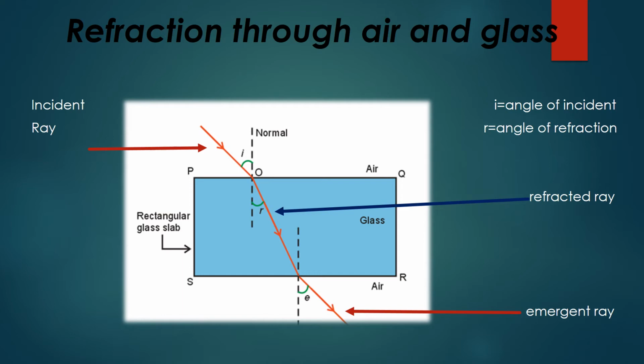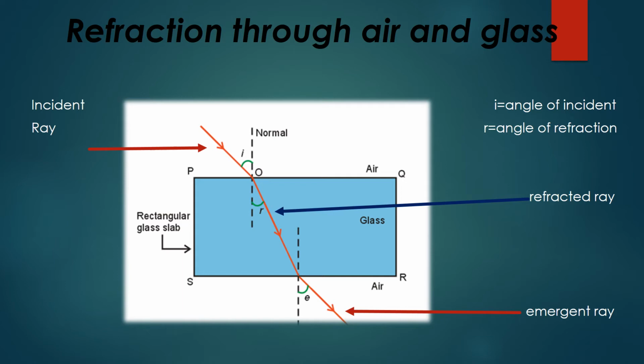Okay, then what will happen? We can see when the refracted ray, which is going out from the glass to the air, again bends away from the normal. So the ray which is going away from the glass to the air, we call it the emergent ray.